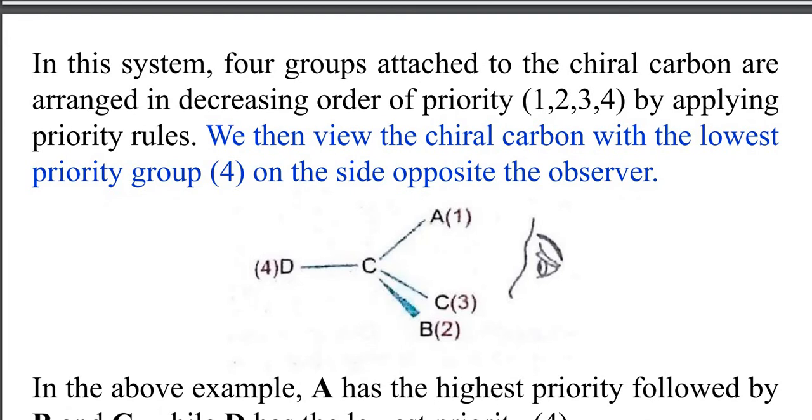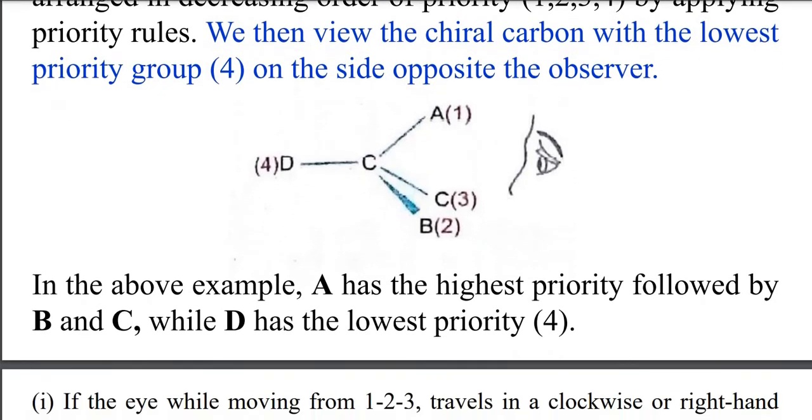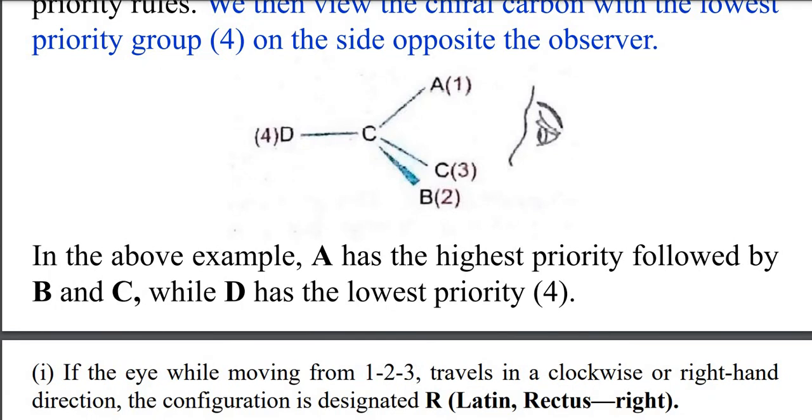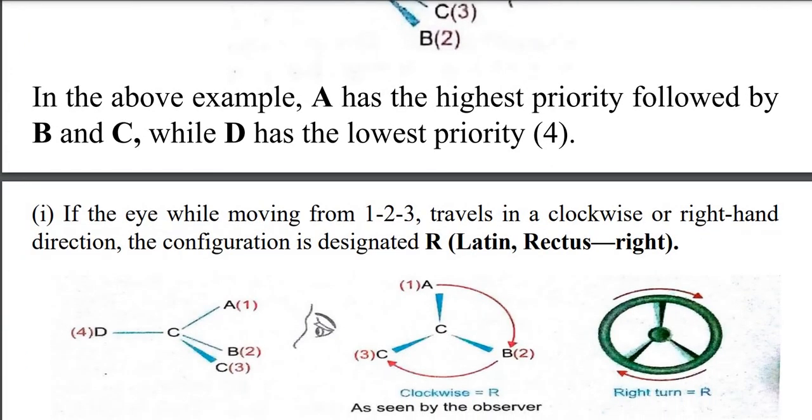In this system, the 4 groups attached to the chiral carbon are arranged in decreasing order of priority 1, 2, 3, 4 by applying priority rules. We then view the chiral carbon with the lowest priority group on the side opposite to the observer. So you can see A, B, C, D, and you have to designate which one is 1, 2 and 3 according to this rule. In the above example, A has the highest priority followed by B and C, while D has the lowest priority.